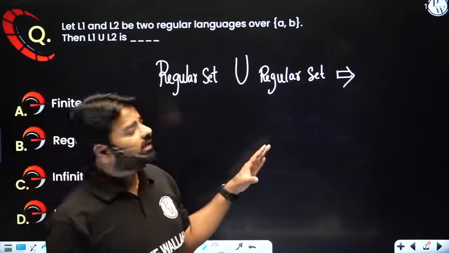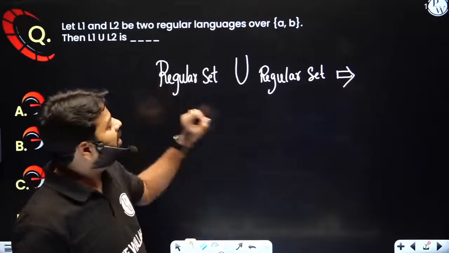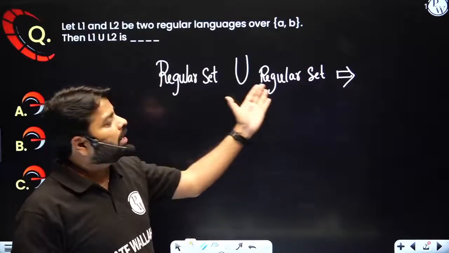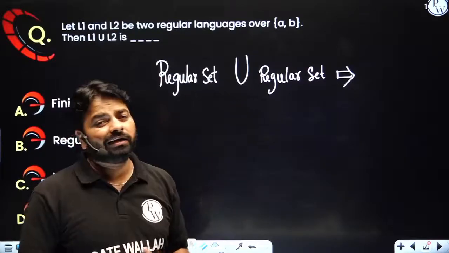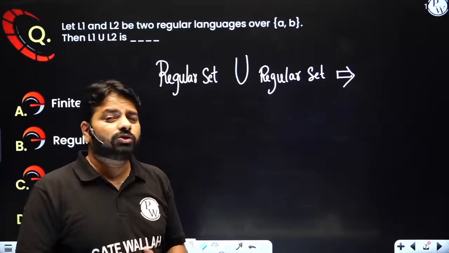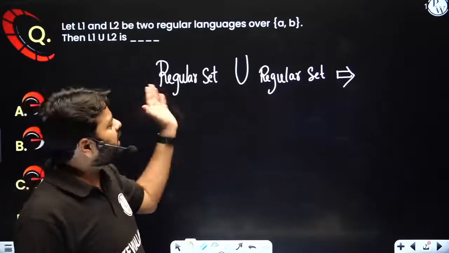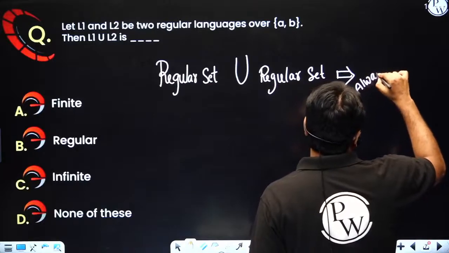Another way to prove it, you can construct a finite automaton for regular set L1. For L2 also you can construct another finite automaton. So we have a union algorithm to combine both the DFAs, or both the finite automata, to get another finite automaton. Okay. So there are many ways to prove why regular union regular is always regular without any doubt.